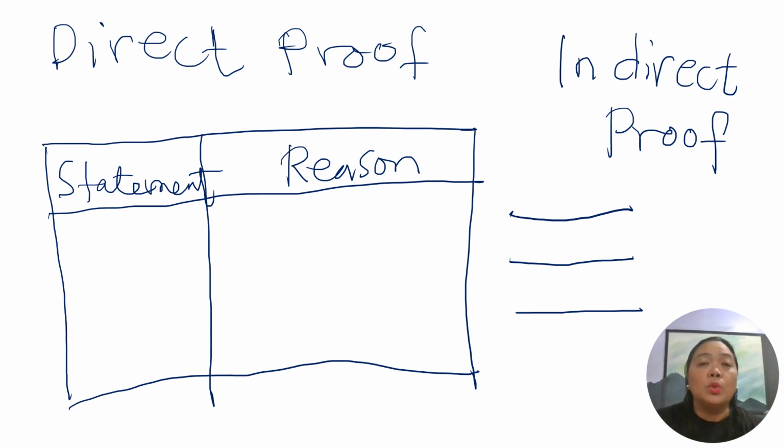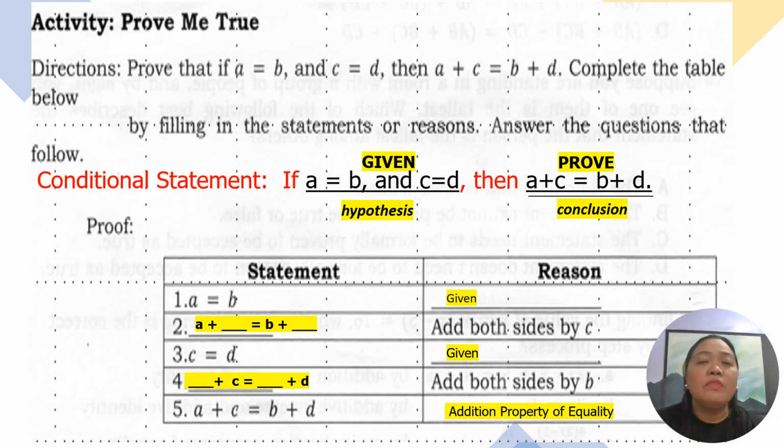Now let us go back to your activity, Prove Me True. I highlighted our activity. Of course, it says that you need to prove a statement to be true. Direction: prove that if A is equal to B and C is equal to D, then A plus C is equal to B plus D. You need to complete the table given there by filling in the statements or the reasons.